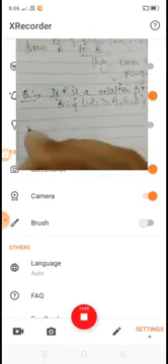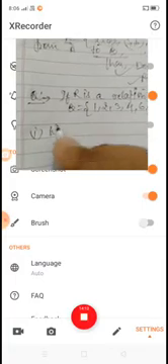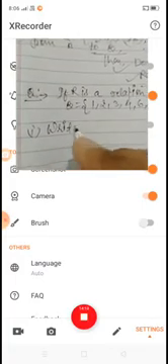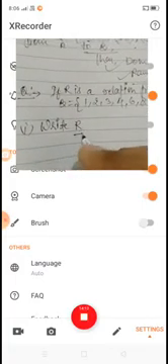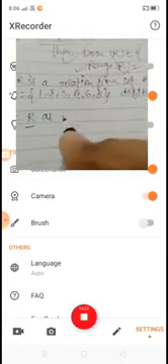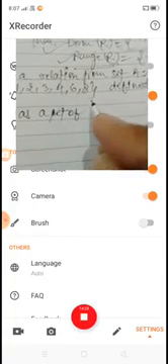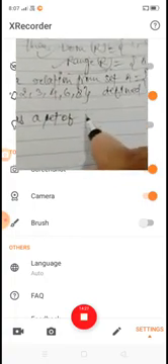First question: write R as a set of ordered pairs.